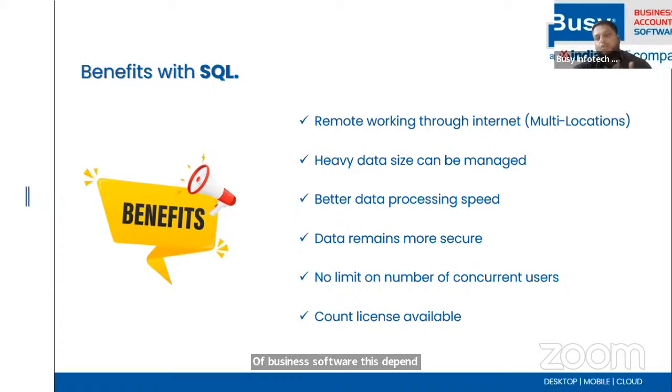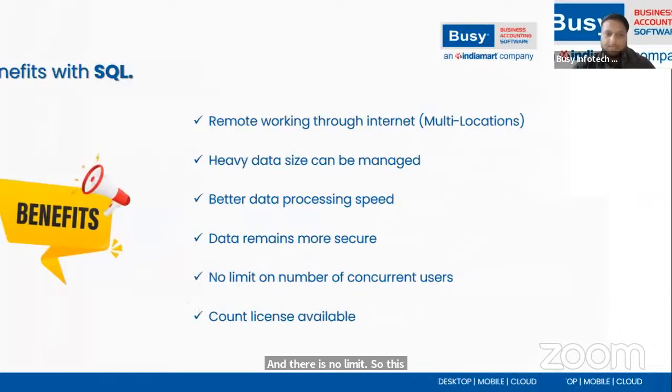Like if you want to use Busy on 2 systems, 3, 4, 5, or 10 systems, the cost of the license will depend on the count of systems. So count license is available in case of SQL database, and there is no limit. You can use Busy on multiple systems, and this facility is also available with SQL database.